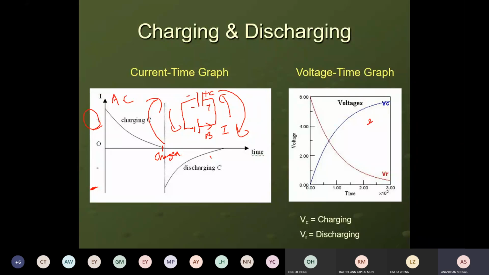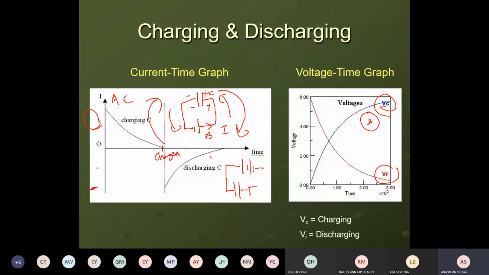Now diagram 2. You see VC and VR. What are VC and VR? In the VC graph, the voltage goes up. In the VR graph, the voltage goes down. In reality, when charging a capacitor with a battery, we won't charge it with a direct connection.